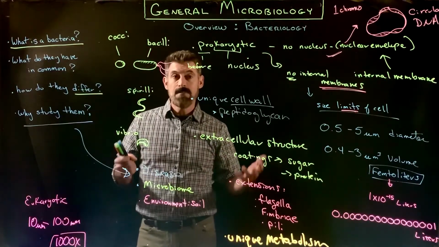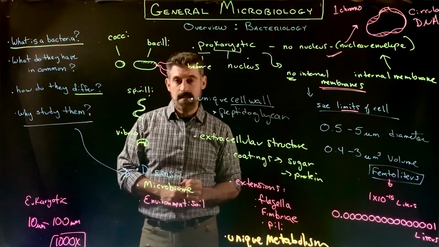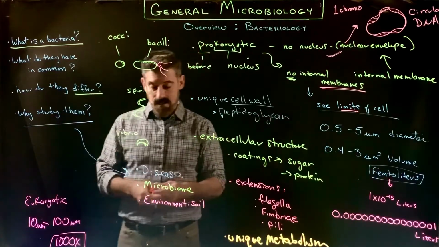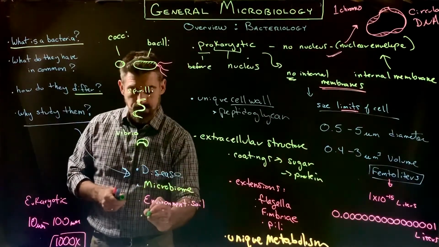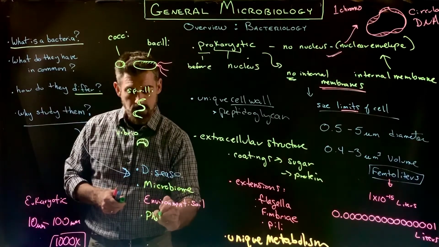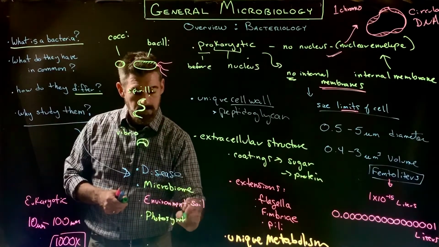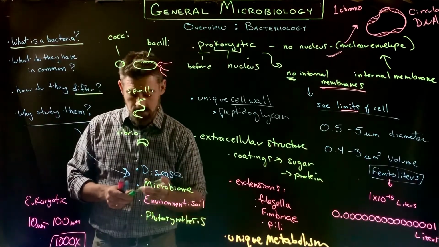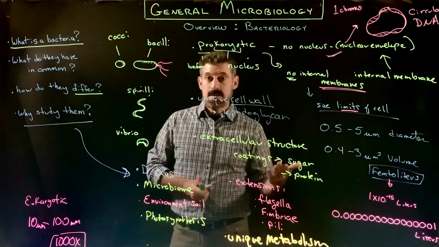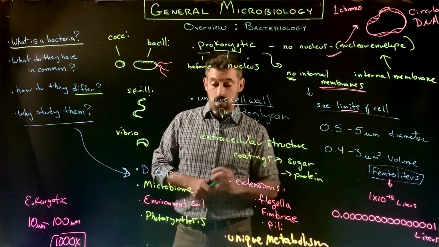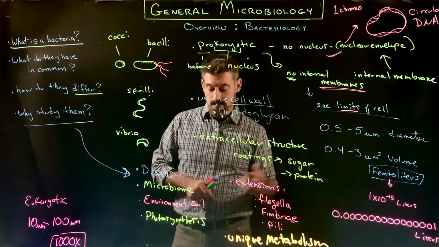Those sorts of things become very important to all nutrient cycling in the environment. And things even like photosynthesis from cyanobacteria. So we don't realize that even the photosynthesis that occurs from these small organisms is significant as well.